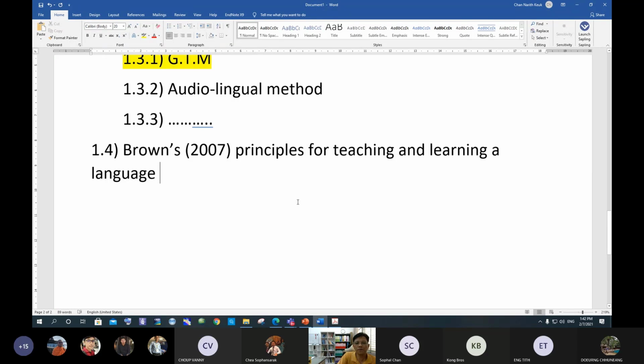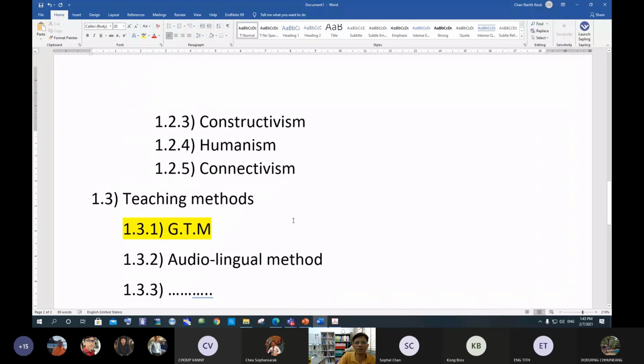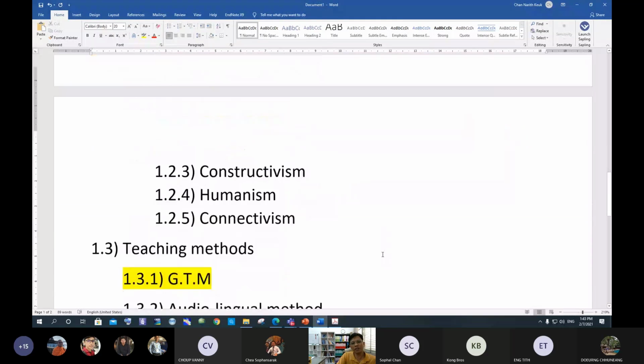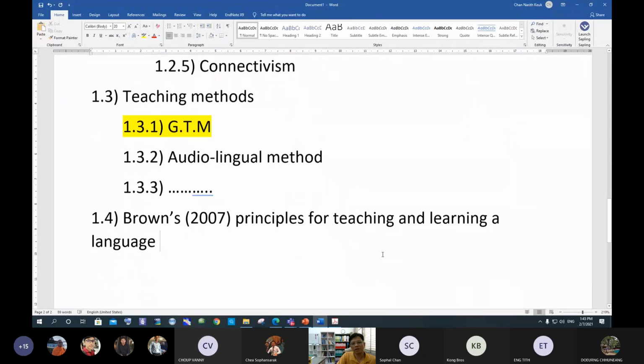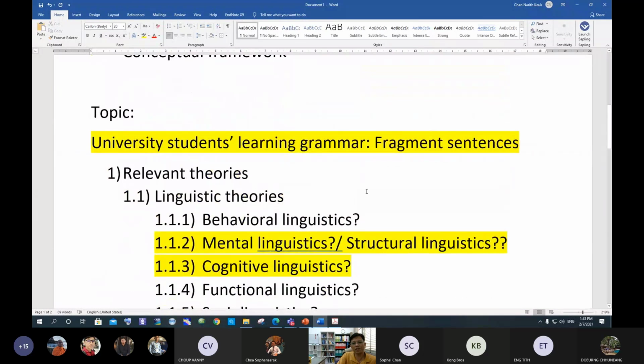For those who have completed TESOL 2003, get clear messages now on this 12 principles, teaching method theory, learning theory, not the linguistic theory, because we didn't have time to focus on that. So you see the relevant theory that we need to pay attention to.